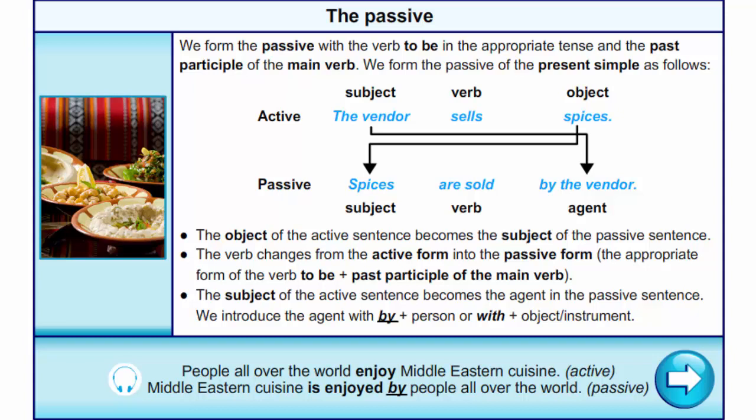The verb changes from the active form into the passive form, the appropriate form of the verb to be, plus the past participle of the main verb. The subject of the active voice becomes the agent in the passive sentence. We introduce the agent with by plus person or with plus object, instrument.